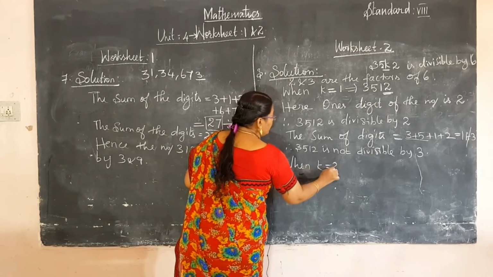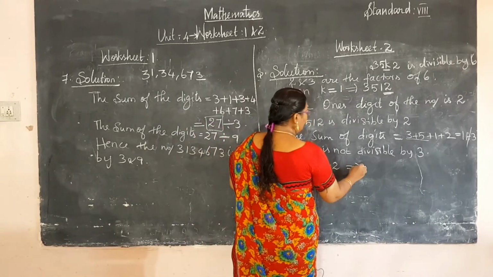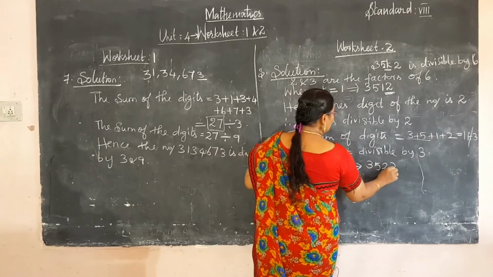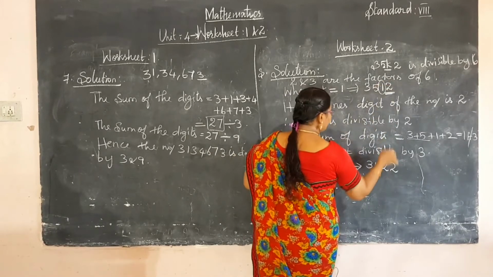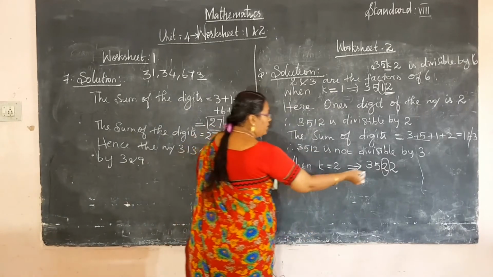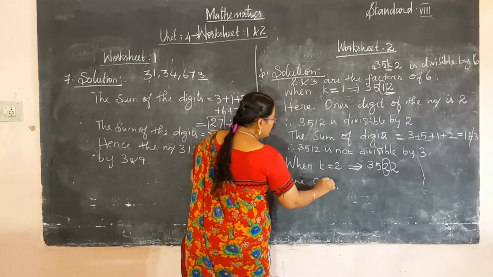Now check when k is equal to 2. When k is equal to 2, the number is 3522. See, here also the one's digit is 2.